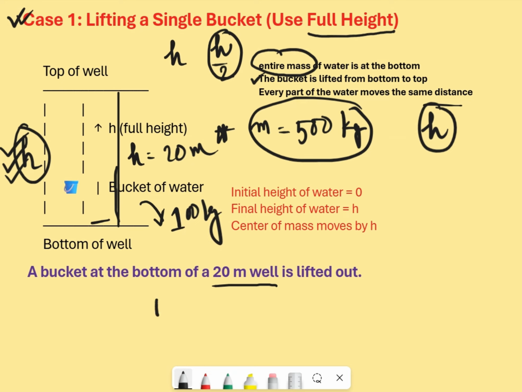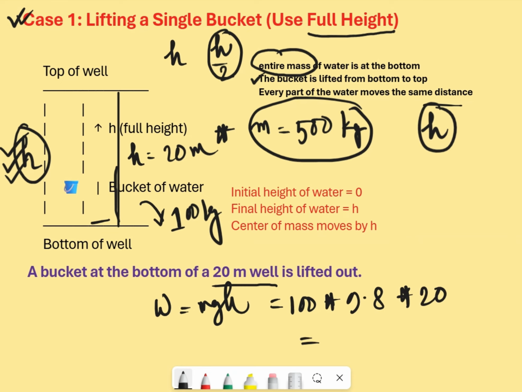Indeed, the work done, W is equal to mgh. So the value of M is 100, g is nothing but 9.8, and of course the value of M is given, so this will be the full length, which is 20 meter. So this is the answer.